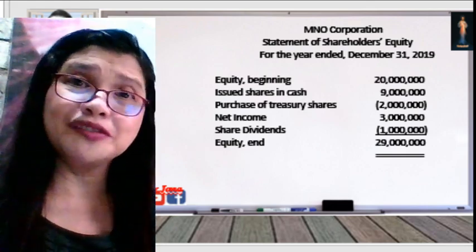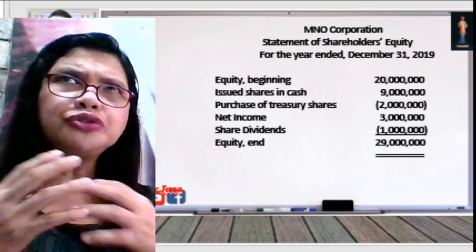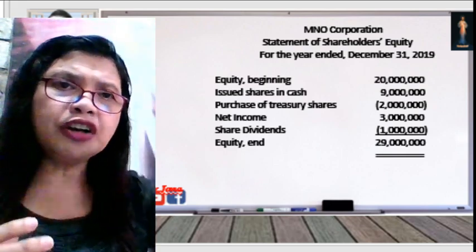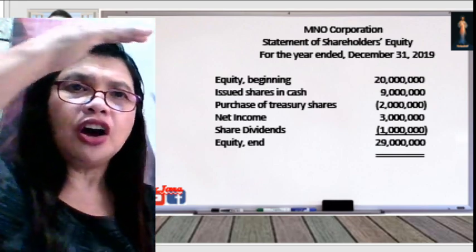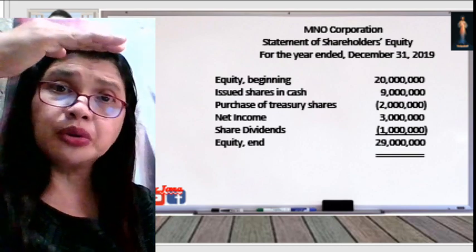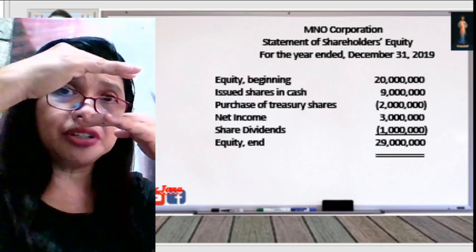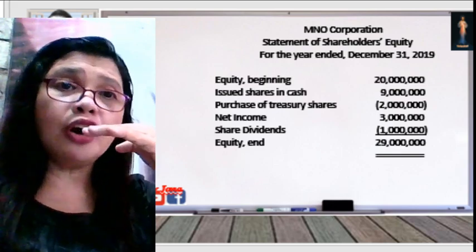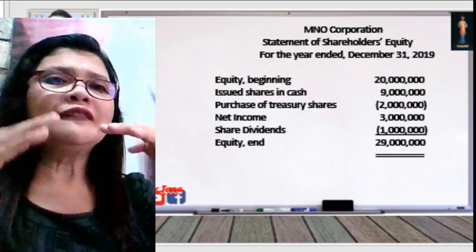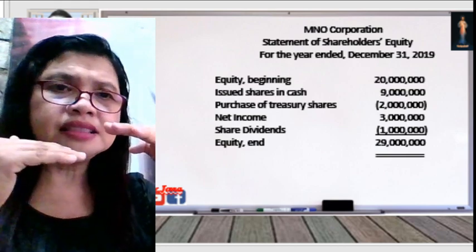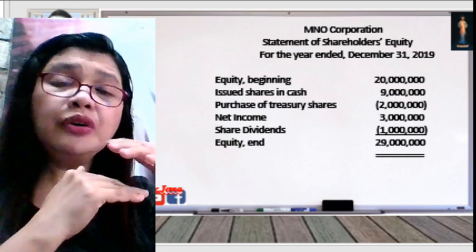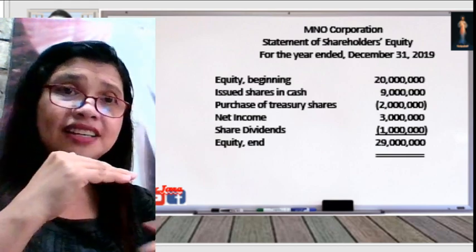And who is this board of directors? When we go to corporation, the organizational structure looks this way. On the top, we have the shareholders. Then the shareholders would vote for the board of directors who will manage the operations of the corporation. From the board of directors, they select their CEO or the president, then the employees.